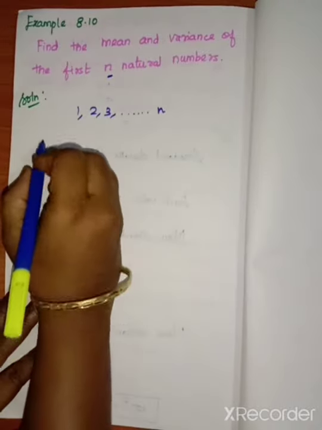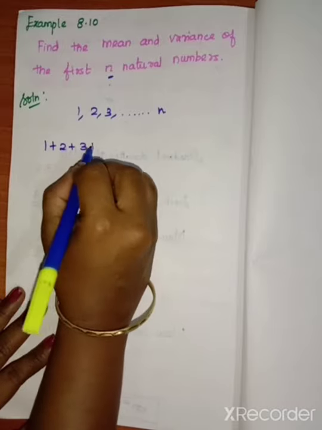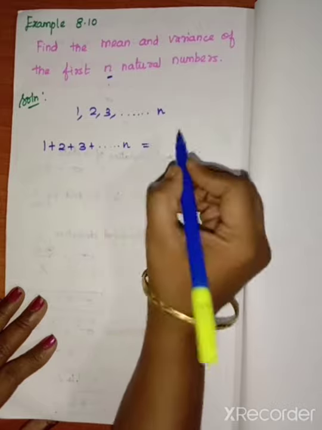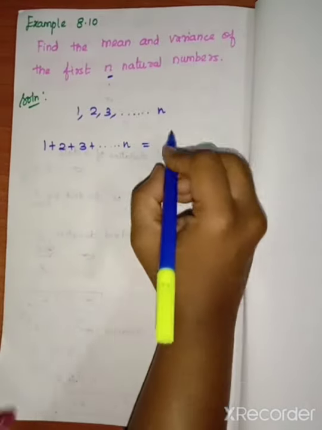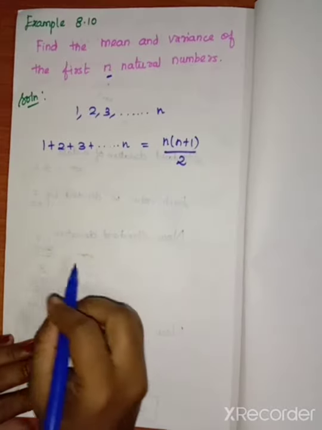Before going to that, we want to know the sum of series formulas, from the second unit. 1 plus 2 plus 3 plus etc. up to n is n into n plus 1 divided by 2.